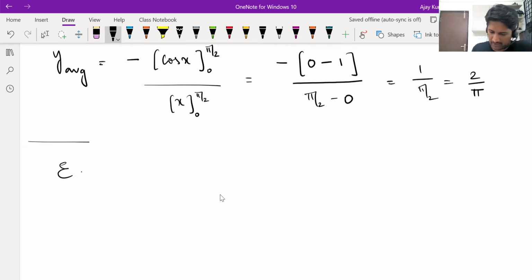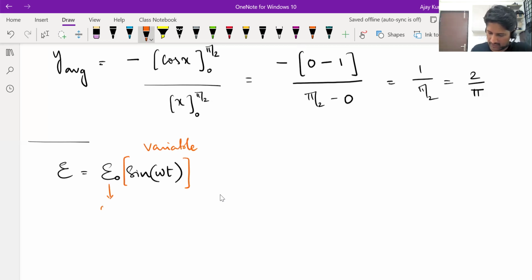Now the EMF function we have is E naught sine omega t, right? This part of the equation is variable. This is a constant. The peak value is a constant, B A omega, we derived that in the AC generator derivation. Now for this variable part, the average value in the positive half cycle is 2 by pi.